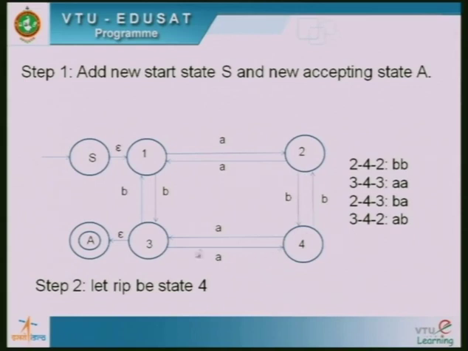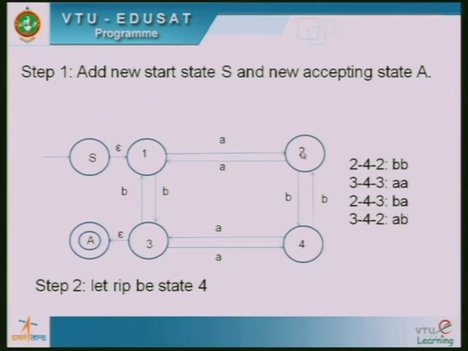In a similar way, 3, 4, 3, you can reach with AA. And from 2 to 4 you can reach with B, and from 4 to 3 with A. So I have written 2, 4, 3 as BA.